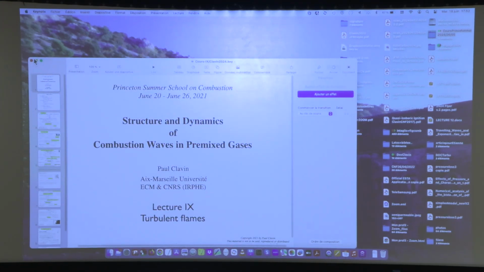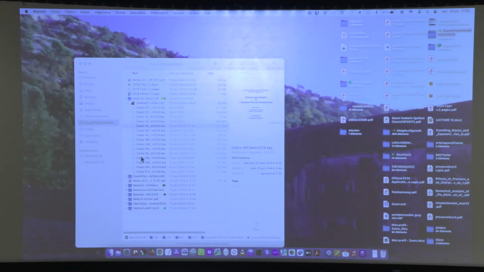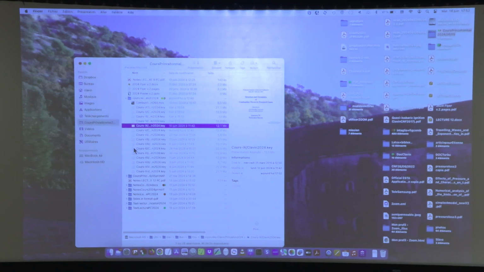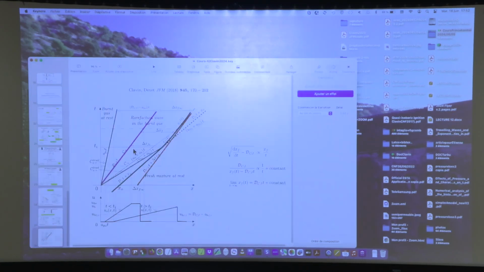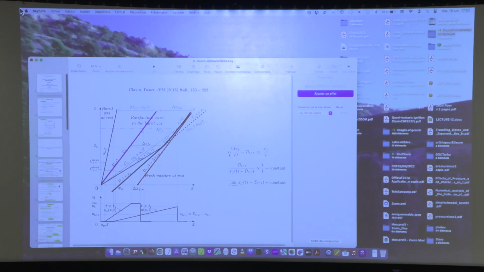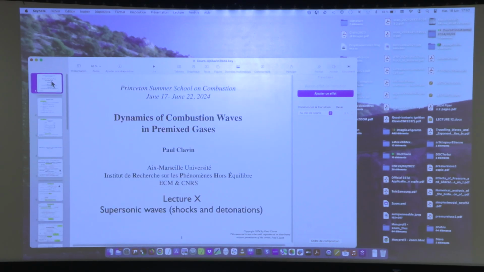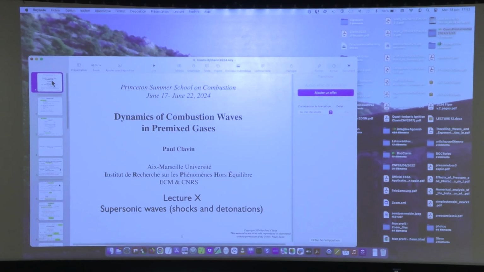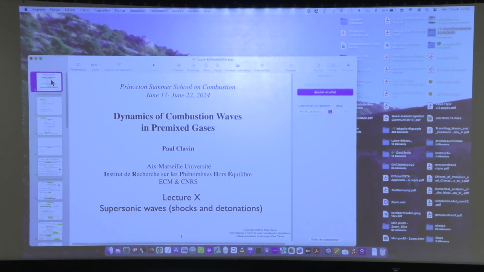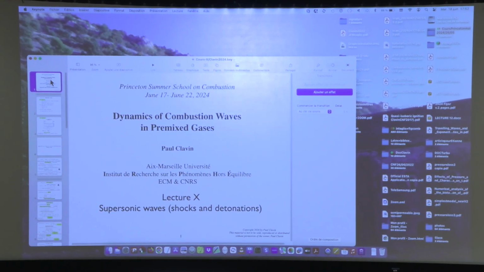No, this is turbulent flame, so it is 10. So I will start that just. Oh my goodness. So I am going now to just start with supersonic waves. Wait a minute.